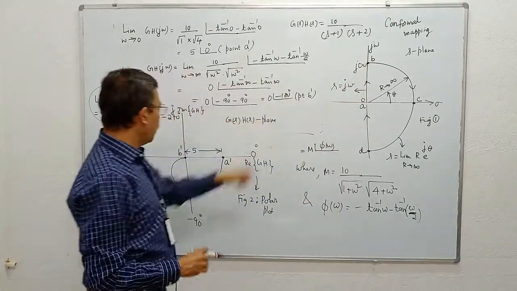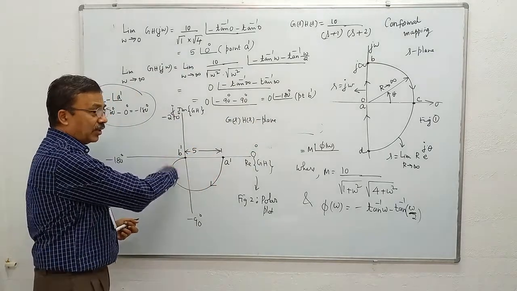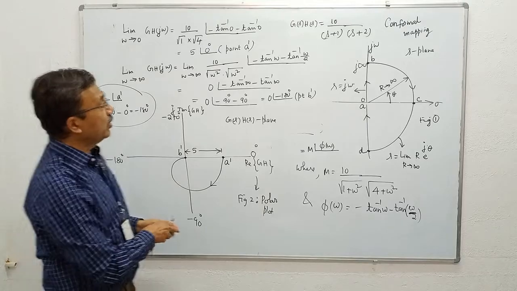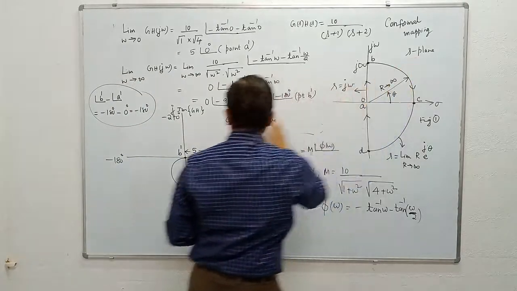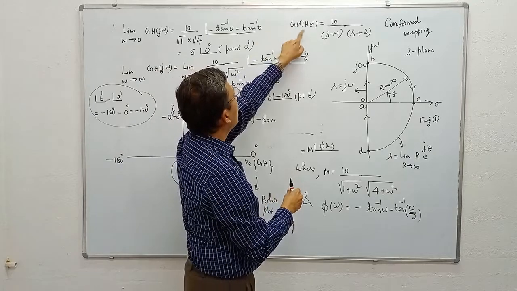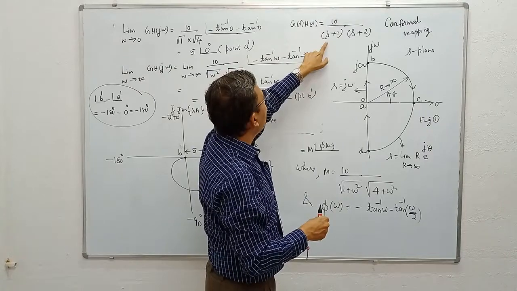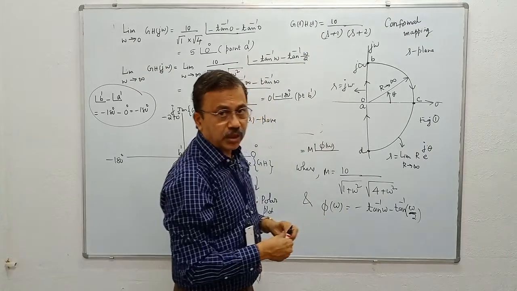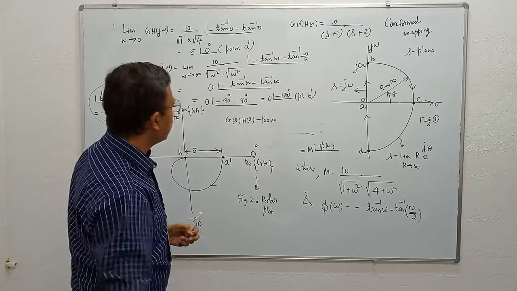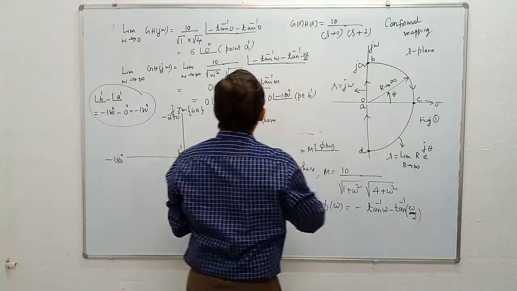In G of S, H of S plane, A dash, B dash is non-linear, it's a curve. The relation between S plane and G of S, H of S plane is provided by the open loop transfer function G of S, H of S is equal to 10 divided by S plus 1 into S plus 2. Next, we have to find the image of the path BCD.